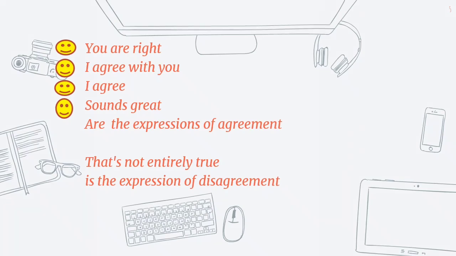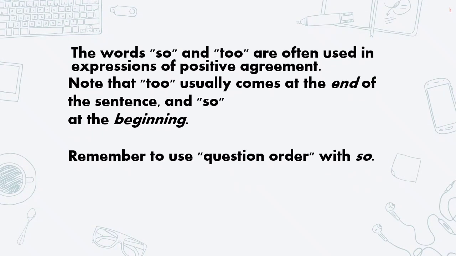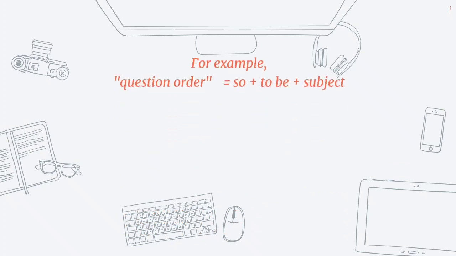Okay, let's learn another rule for expressing agreement. The words so and to are often used in expressions of positive agreement. Note that to usually comes at the end of the sentence and so at the beginning. Remember to use question order with so. Let's see the example. The question order is so plus to be plus subject.